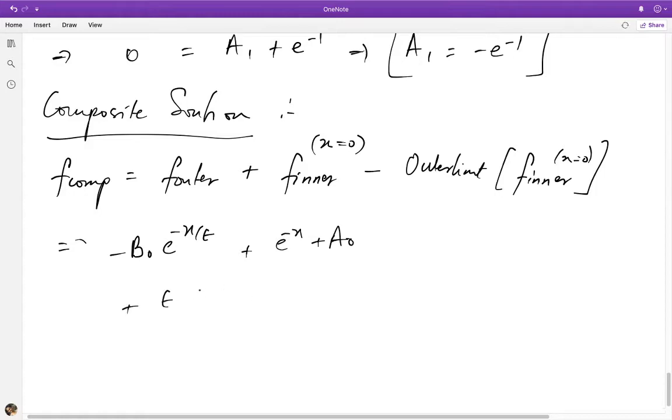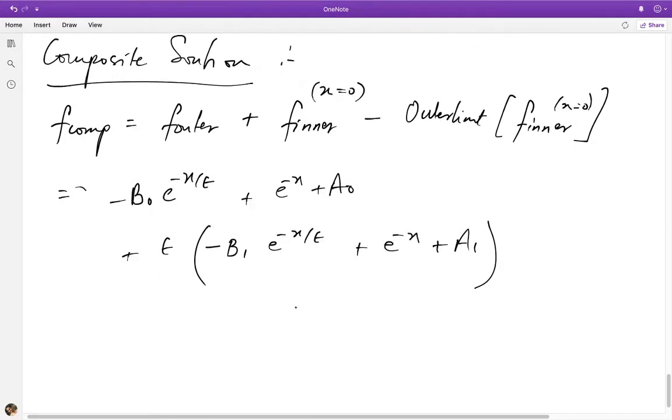And then at first order, we have b1 minus b1 e to the minus x by epsilon plus e to the minus x plus a1 from the outer solution. And these b0 and b1 terms are the only thing that survives from the inner solution.